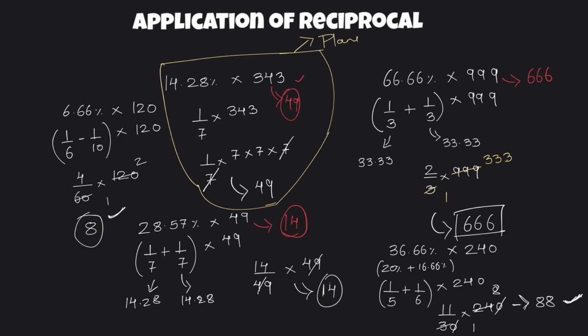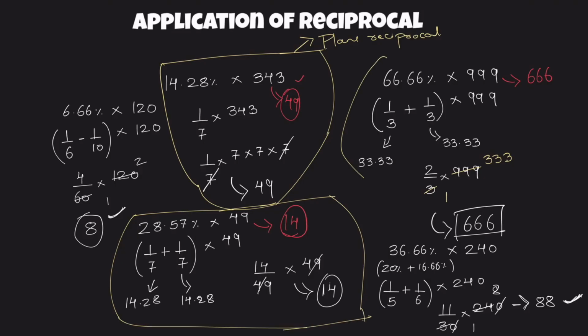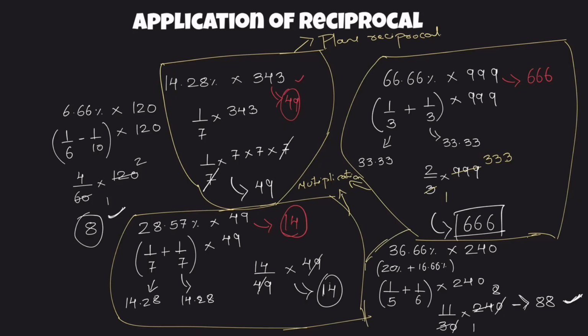That's why you need to know the table very well. So what did I do with the reciprocal here? In the first problem, I applied plain reciprocal. Just by looking at the table, I knew 14.28 is 1 by 7. So I don't have to think much because this is straight from my table of reciprocal. But in the next two problems, 28.57 and 66.66, this is an example of multiplication of reciprocal, which is 1 by 3 into 2 and 1 by 7 into 2.